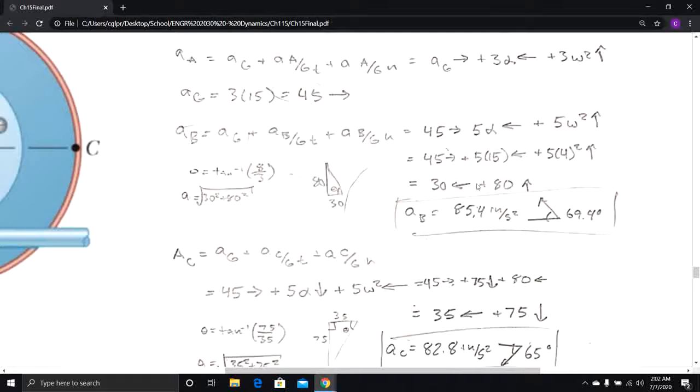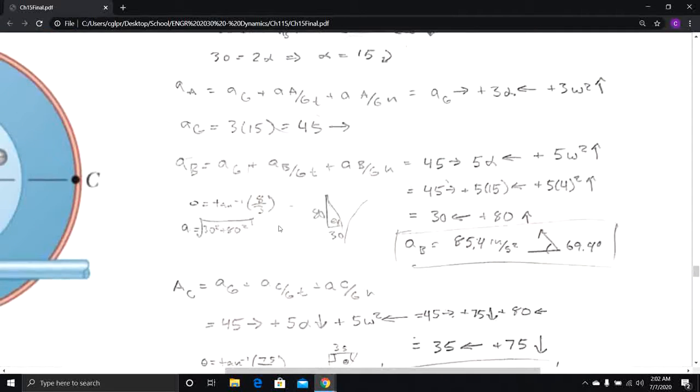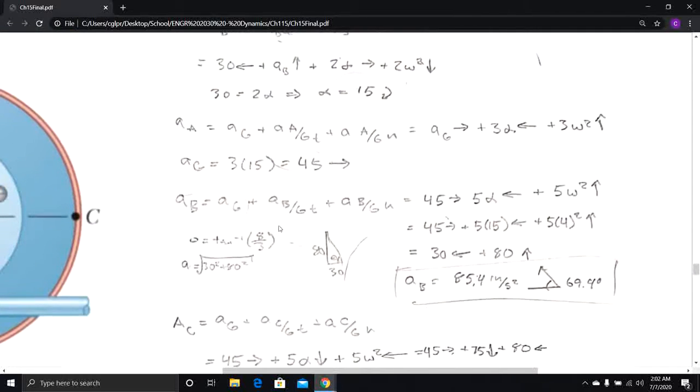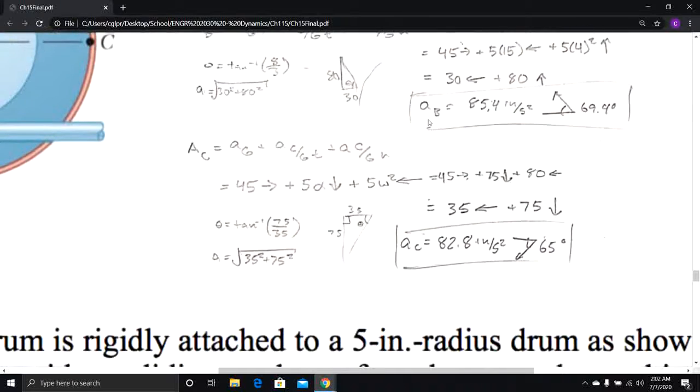Then get the I and J components, draw a triangle to figure out theta and the magnitude of the vector. Follow the same process for point C. And there we go. Got the accelerations for points A, B, and C.